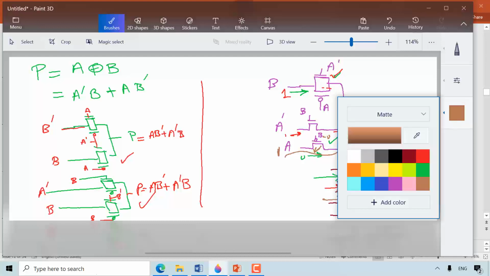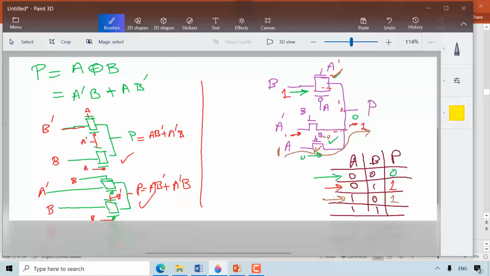Final combination, when we have, for example, 1, 1, which is the fourth combination. So with 1, 1, this will allow this transistor to be on. This is a 1 here. Okay, so A prime will be 0, sorry.